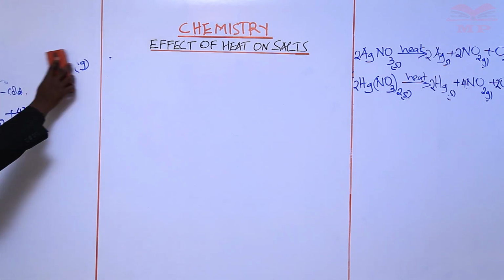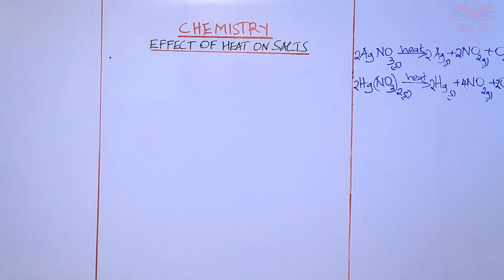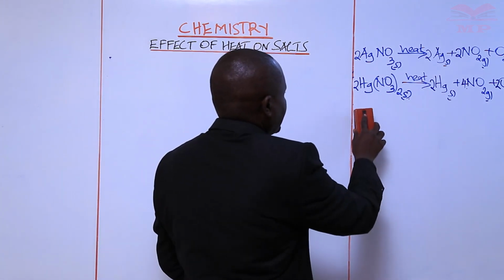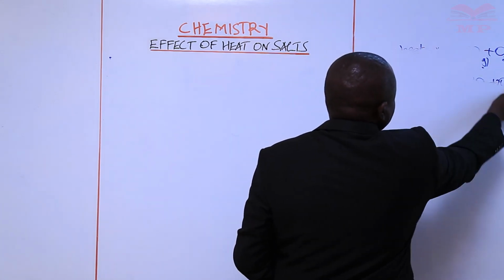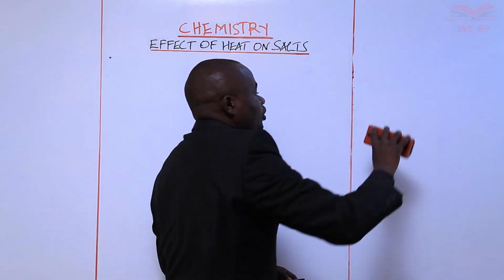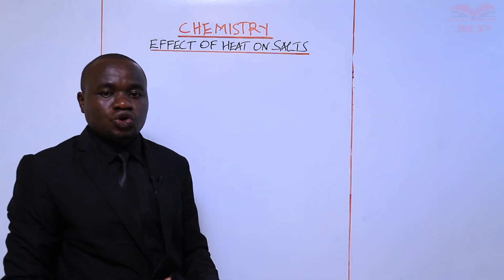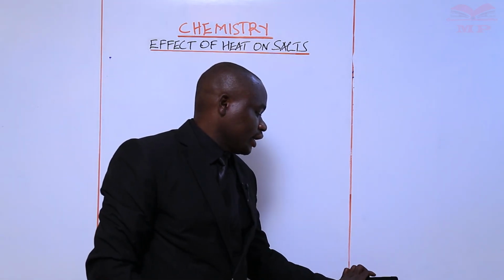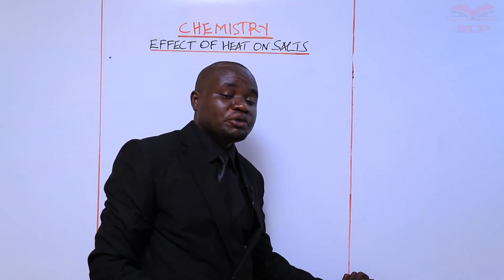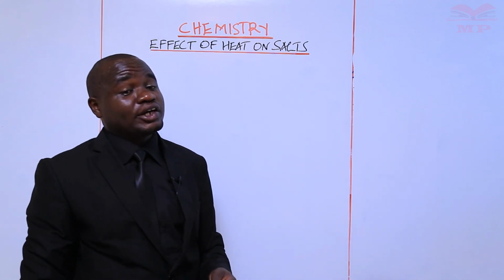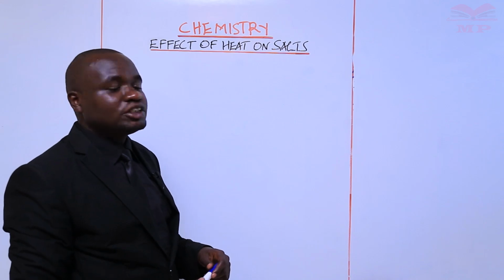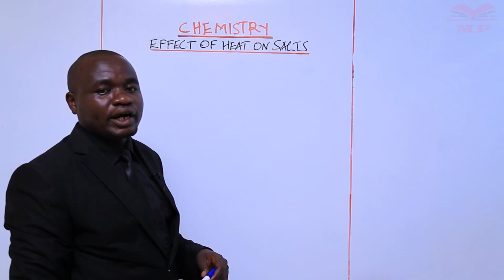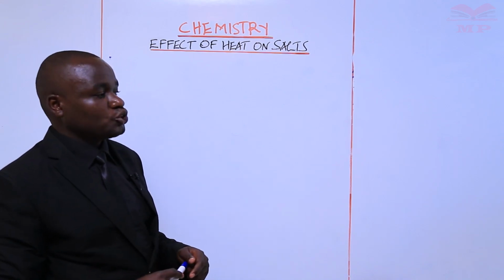But from the discussion we have just had here, we have seen that the products of heating nitrates depends on the position of the element forming the nitrate in the reactivity series, whereby we have said the ones which are more reactive will give you the corresponding nitrite and oxygen.